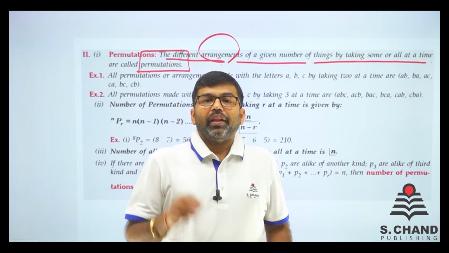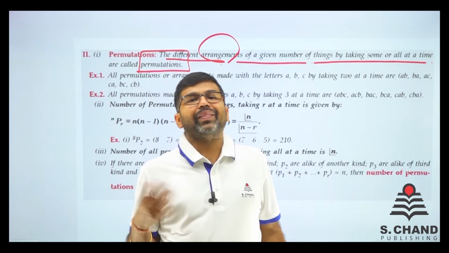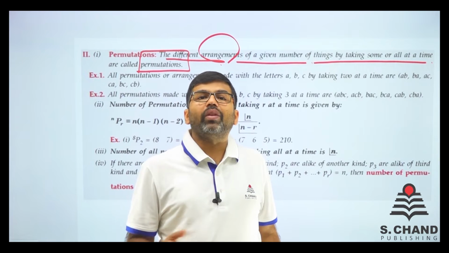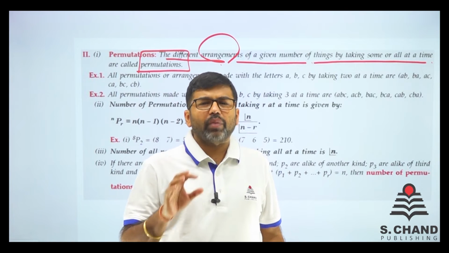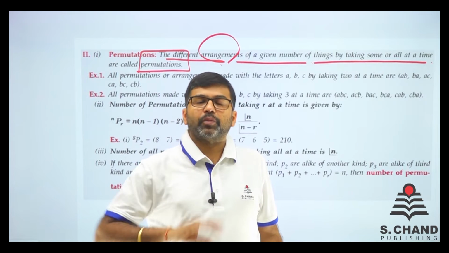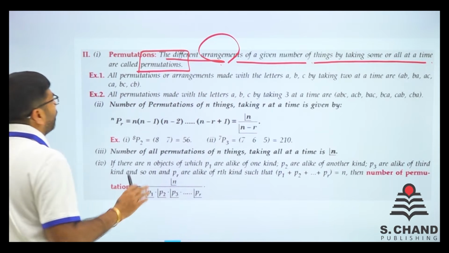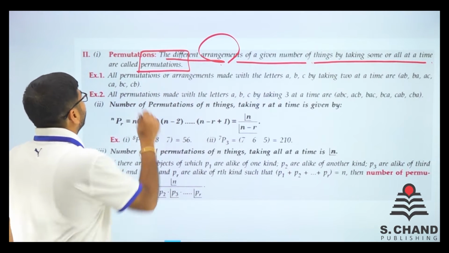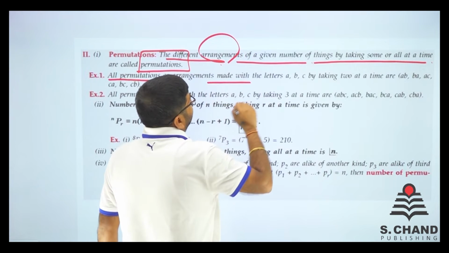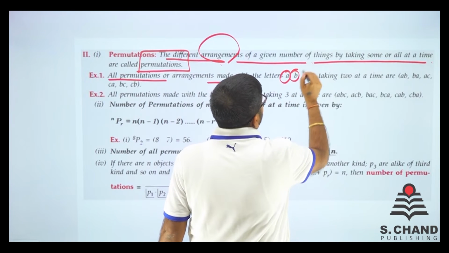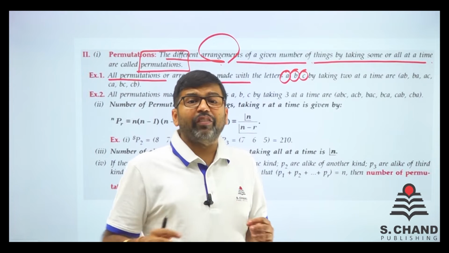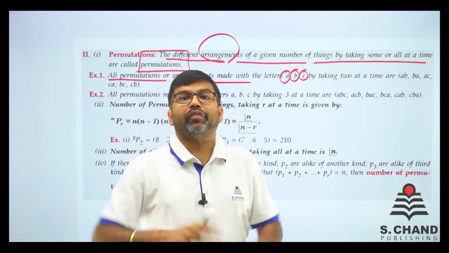So basically, when you arrange anything, when you take all of them or some of them, it is known as permutation. So I'm sure you are very much clear that when you arrange things, it is permutation, right? Say for example, all permutations or arrangements made with the letters A, B, C. You have 3 letters A, B, C. And how many ways can you write all these A, B, C in different ways?